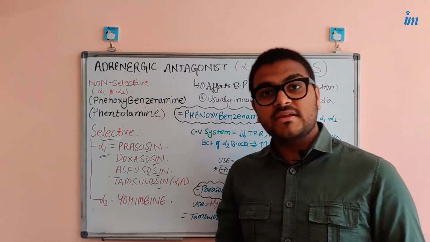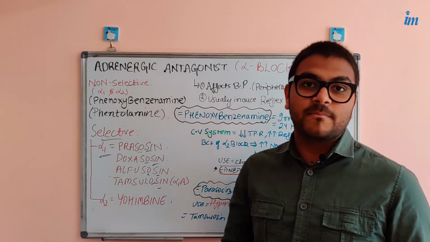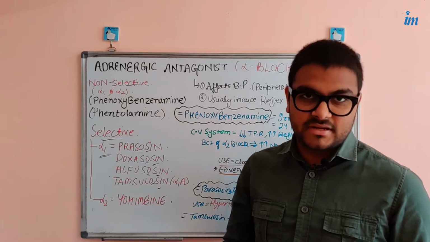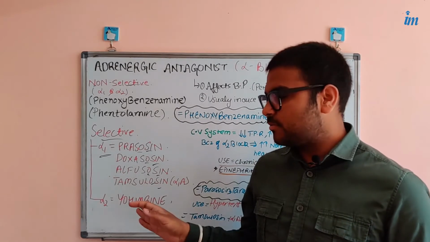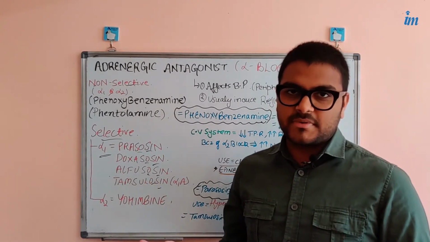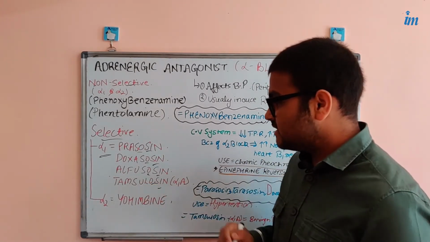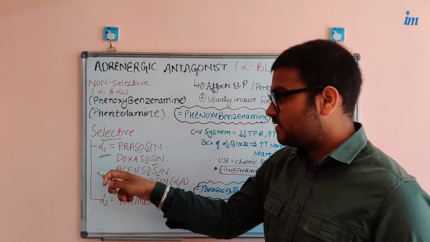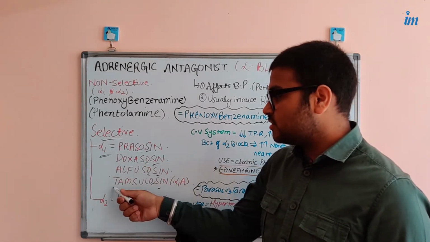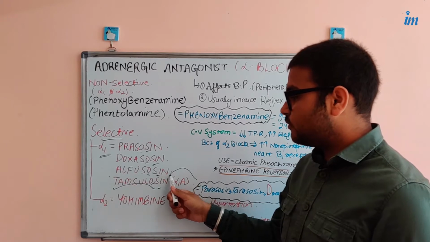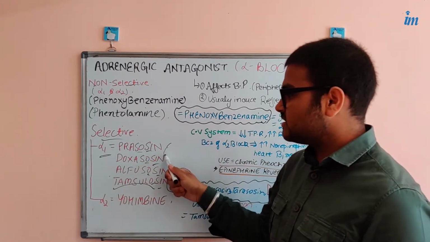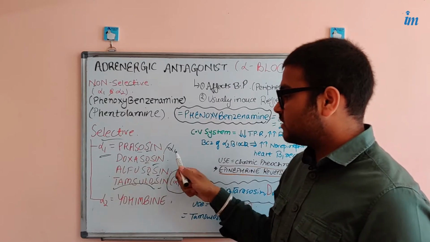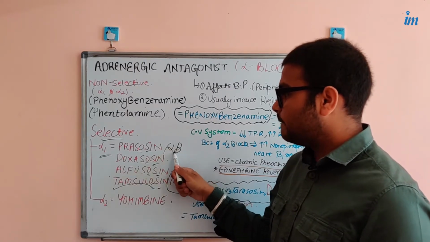This alpha 1a receptor is present in the prostate, so it causes relaxation and is used in the treatment of benign prostatic hyperplasia. I'll talk about it later, but remember that among alpha 1 antagonists, tamsulosin is more selective to alpha 1a, and prazosin, doxazosin, alfuzosin are more selective to alpha 1b.